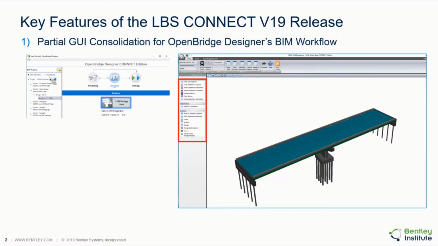we are consolidating the user interfaces, meaning, for example, let's talk about Lippert Steel here. For Lippert Steel, we are removing physical modeling aspects from the user interface, and letting OpenBridge Modeler be the physical modeler for analytical components, which are Lippert Steel and Lippert Concrete.